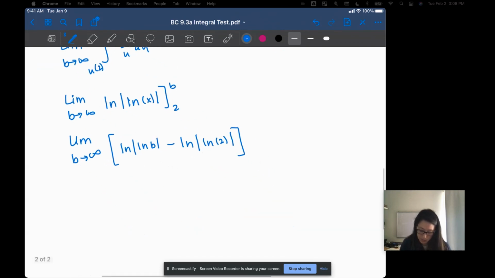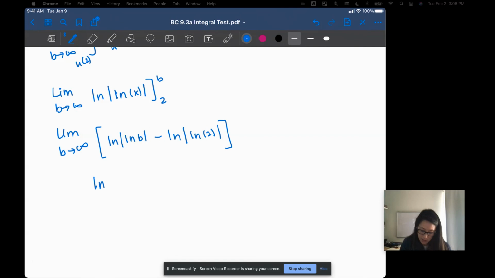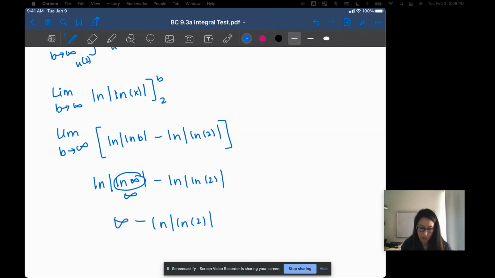Okay, substitute in the infinity. Ln of the absolute value of ln of infinity minus the ln of the ln of 2. And what I see here is that we're going to get infinity. Again, the ln of infinity is infinity, minus some value that I'm not going to evaluate.